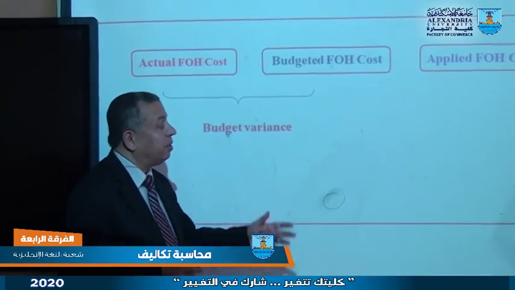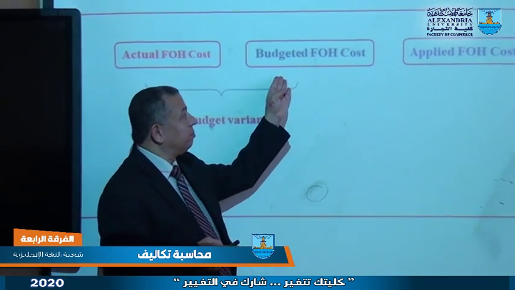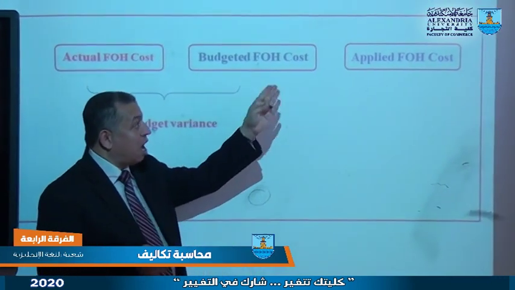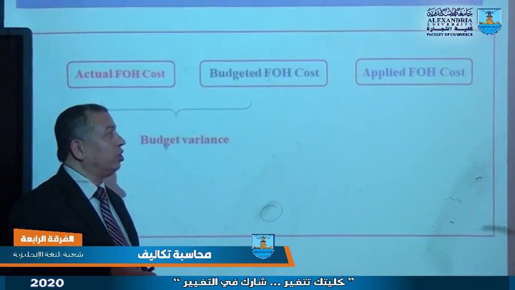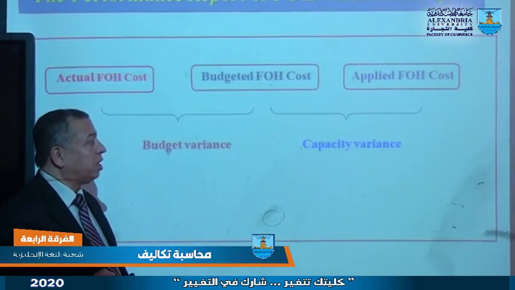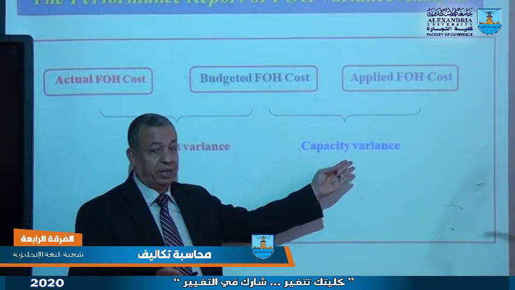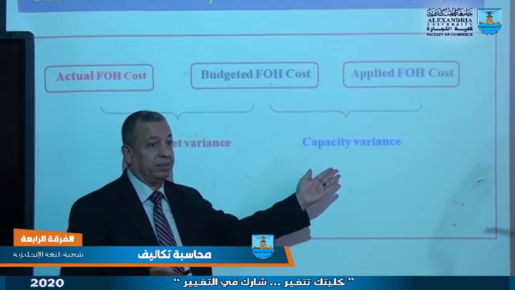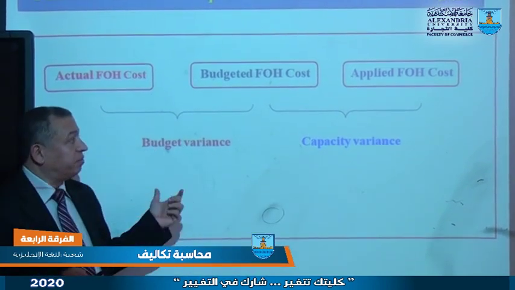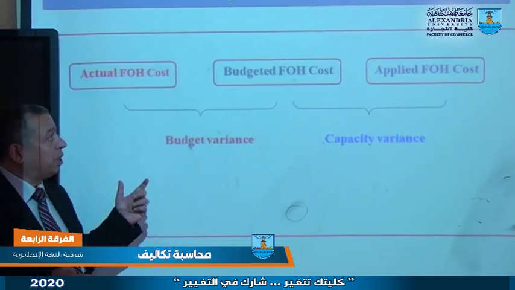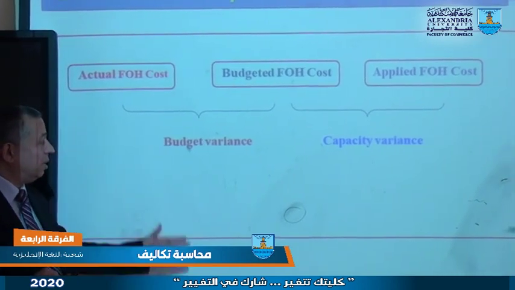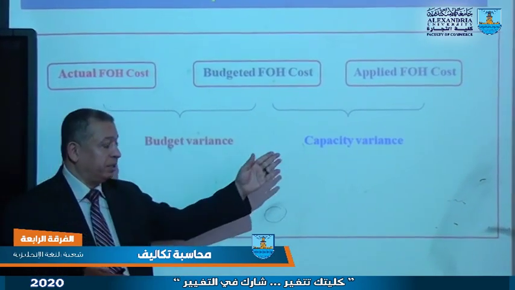The difference here, I speak about hours according to budget, hours allowed according to actual production. Here I speak about capacity variance. The names of variances when I speak about fixed overhead, budget and capacity.